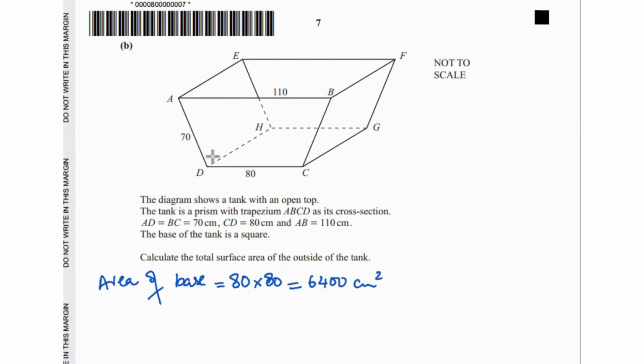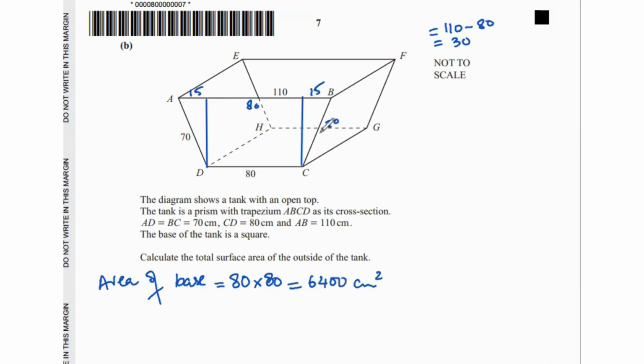Now over here, if I split this into a rectangle and identical triangles, we know that this is 80. And if this total is 110, that means we do 110 minus 80, which is 30, which means this is 15 and this is also 15 because they're identical triangles.